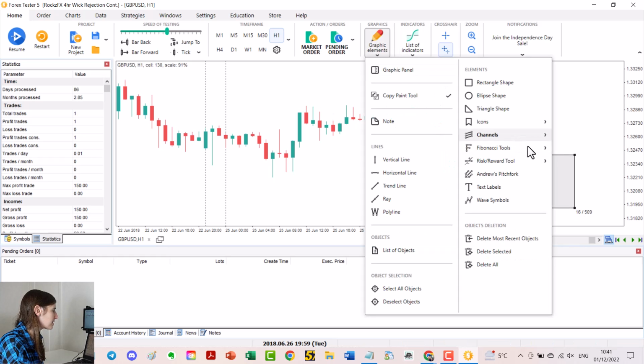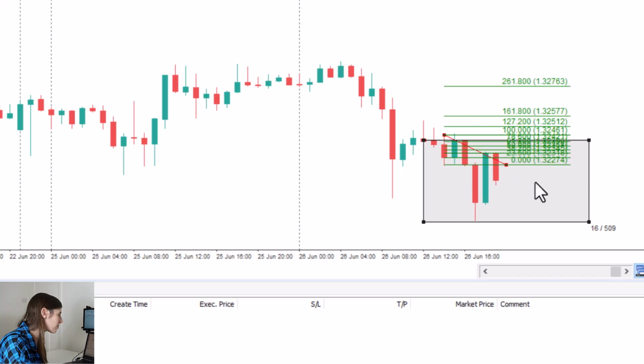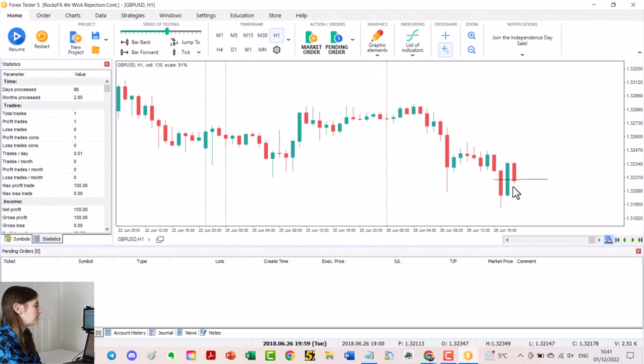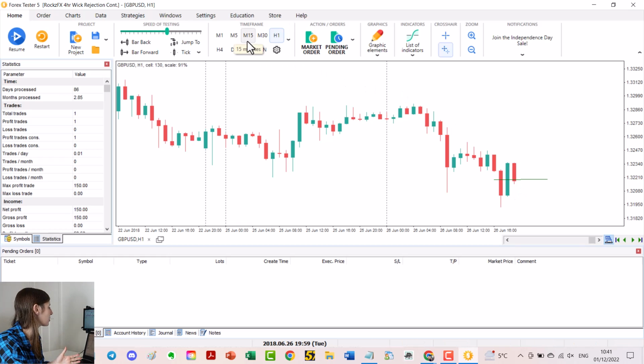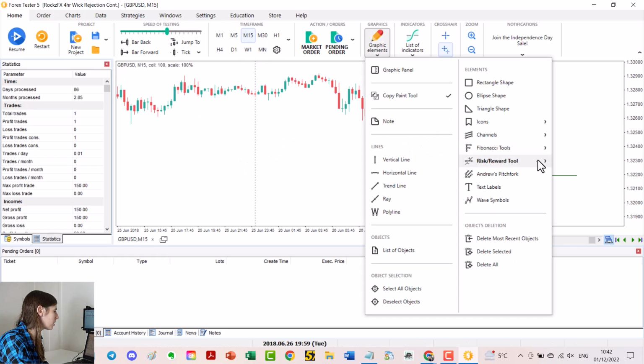So once again, let's get our Fibonacci retracement, and let's find that 50% level. And it looks like price has actually pulled back a bit further past there, and it's closed at that 50% level. So let's drop to the 15-minute time frame and just see what's going on here.